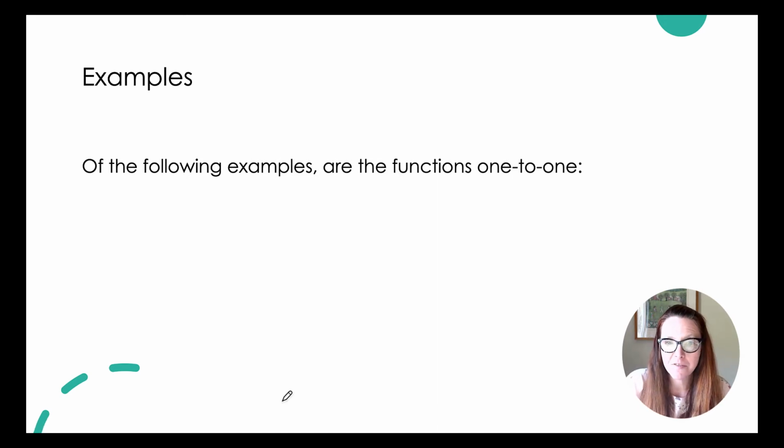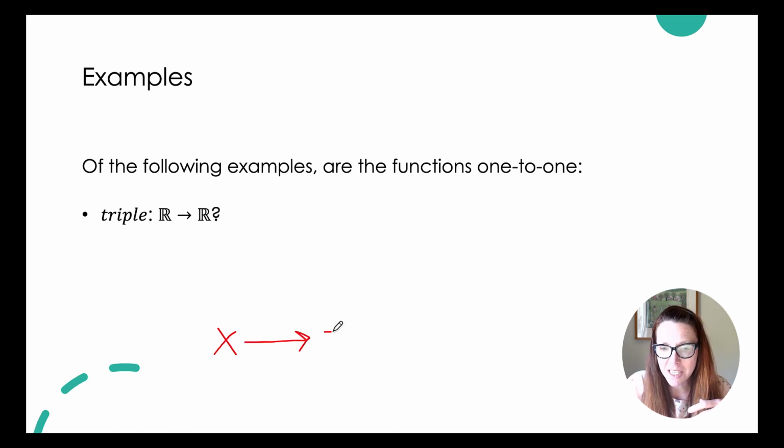So what about the following examples? Are these functions one-to-one? Let's first consider a function we've already seen, the triple function, which goes from the reals to the reals. It takes a value x and brings it to 3 times x.